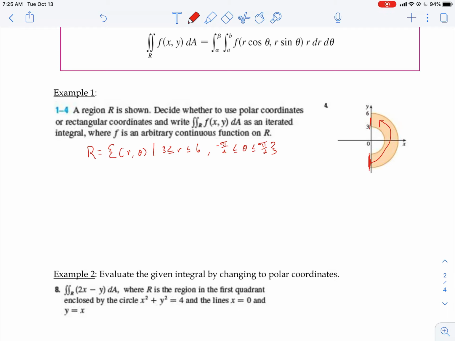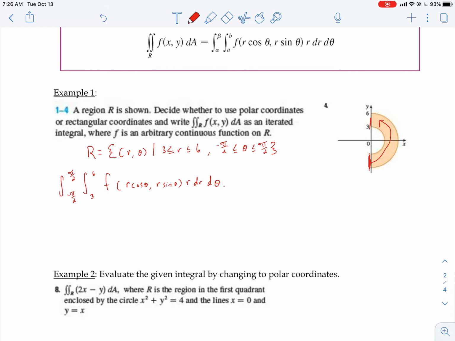All right, now let's go ahead and put it in polar. Again, doing the thetas on the outside, so negative pi over 2 to pi over 2. And then we are going to use our r's from 3 to 6, and f of r cosine theta, r sine theta, r dr d theta, r dr, like a little pirate.